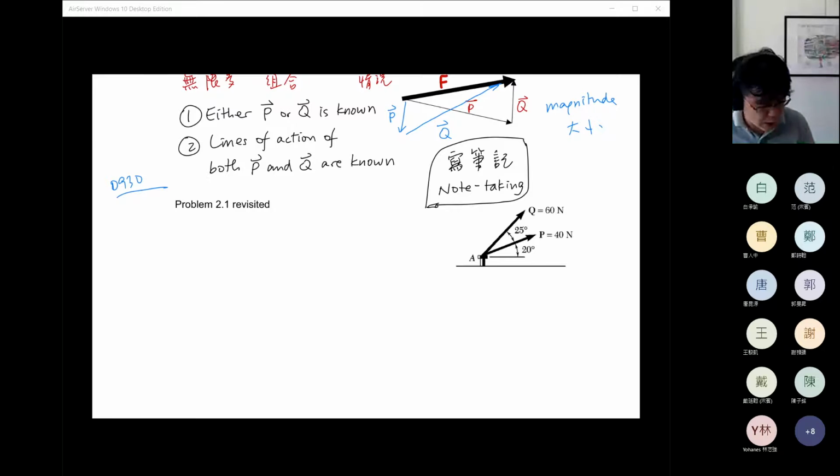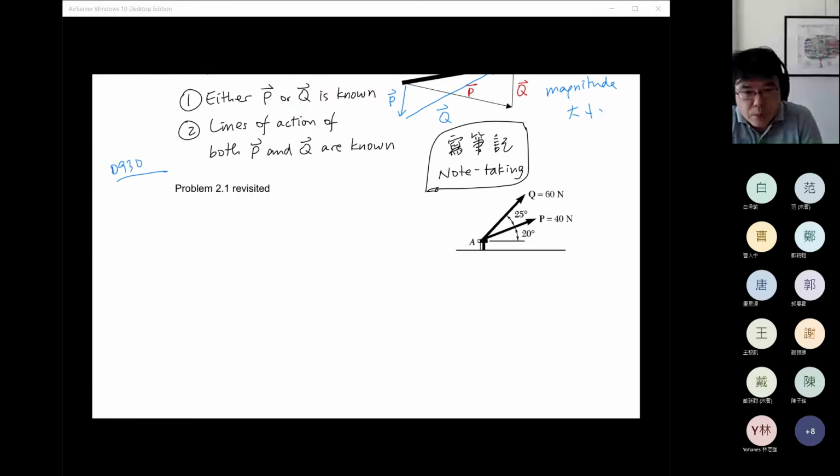We move on today by redoing problem 2.1 with the new concepts we learned last Thursday. We have P equals 14 newtons. Let me draw it shorter.